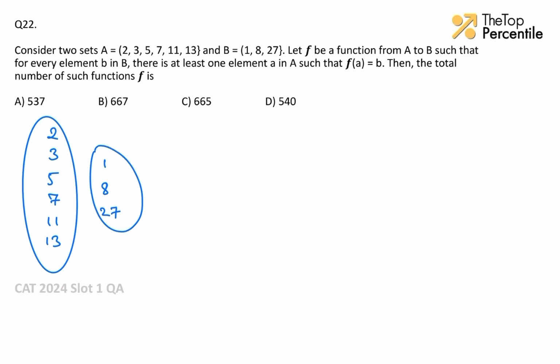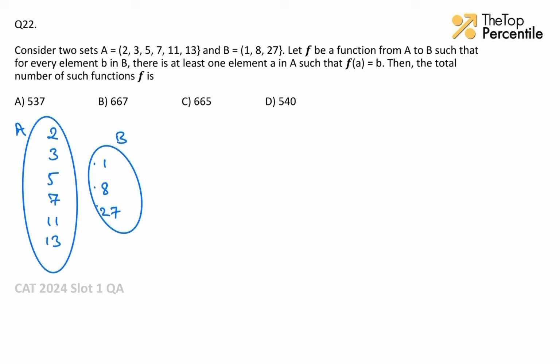So this is set A and this is set B. For every element in set B, there should be at least one element from set A that is mapped to it. This is what the question says. Now, how do we proceed in this question?